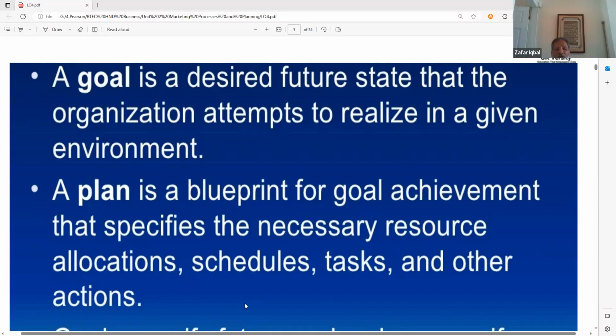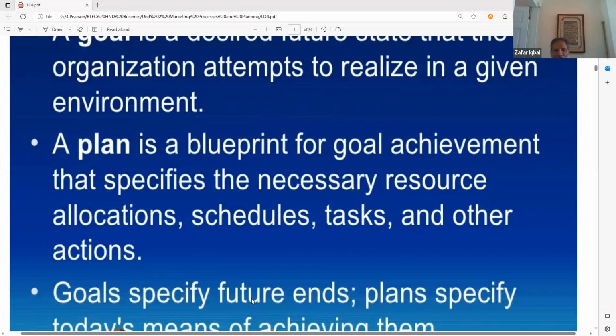For example, how much money you need to allocate for this particular campaign, what time scale, what media channels you're going to use, what the tasks are, how you're going to get the return, and what measures you'll use to measure your investment, for example return on investment. So the plan is a blueprint, a written document to achieve your goals.